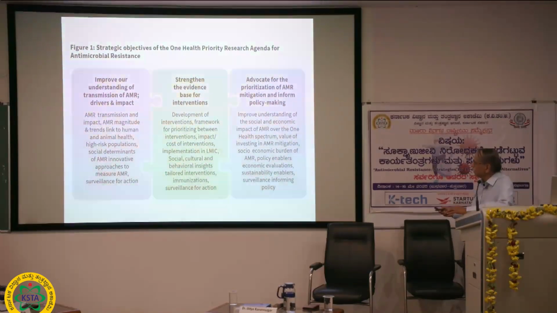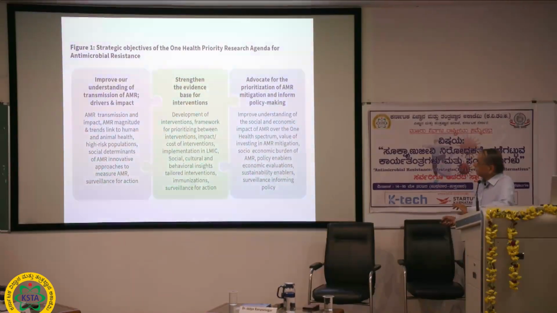So improve understanding of the social and economic impact of AMR over the One Health spectrum, value of investing in AMR mitigation, socio-economic burden of AMR, policy enablers, economic evaluation, sustainability enablers, surveillance informing policy. So this is the strategic objective of One Health priority research agenda for the countries.